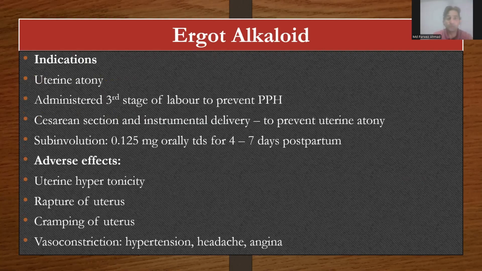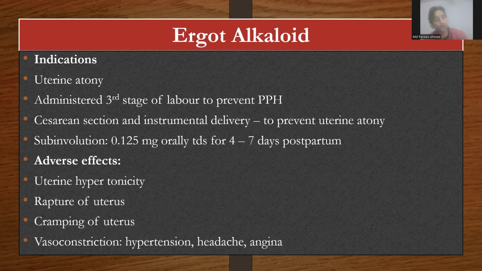Now the clinical uses of ergometrine. The first indication is uterine atony. Sometimes after childbirth the normal contraction of the uterus is very feeble, and the tone of the uterine muscle is lost. In that condition, we use ergometrine to regain the tone. Ergometrine is also used in the third stage of labor to prevent PPH, postpartum hemorrhage.